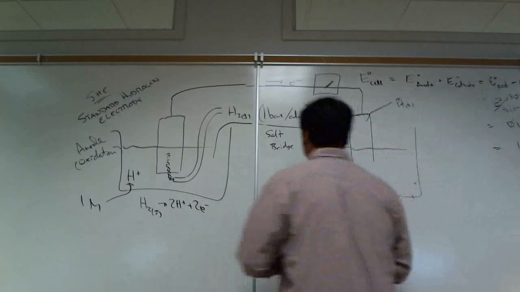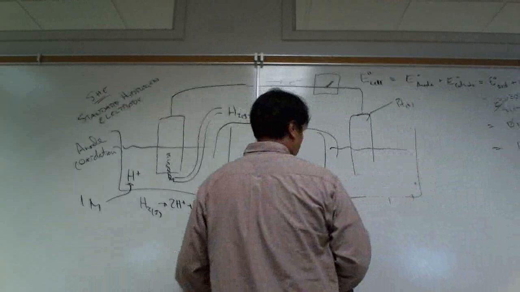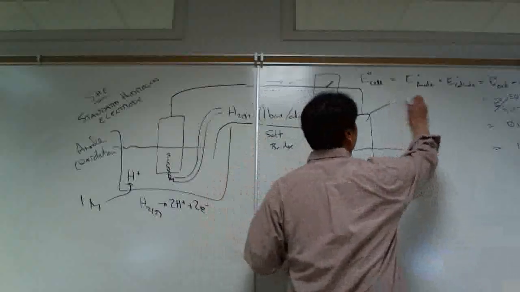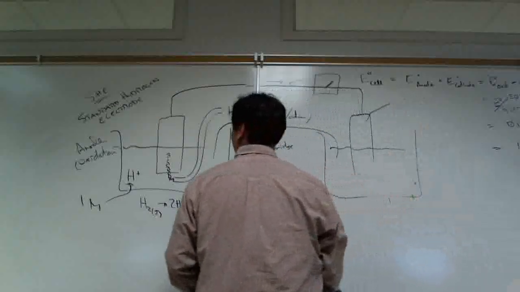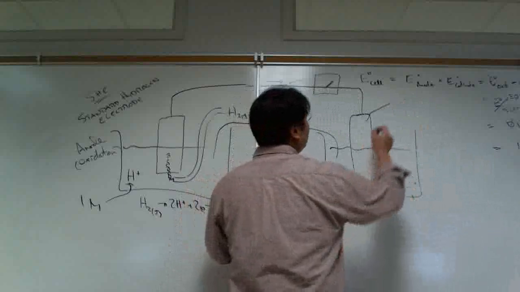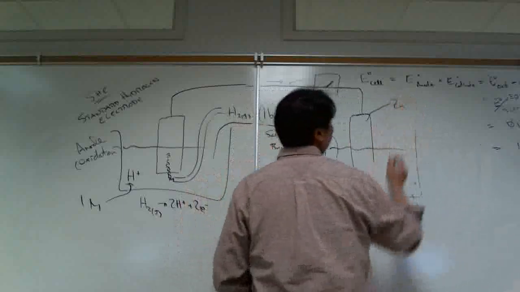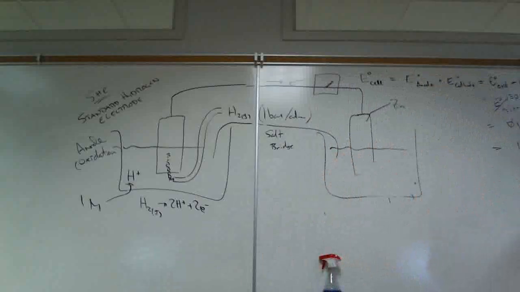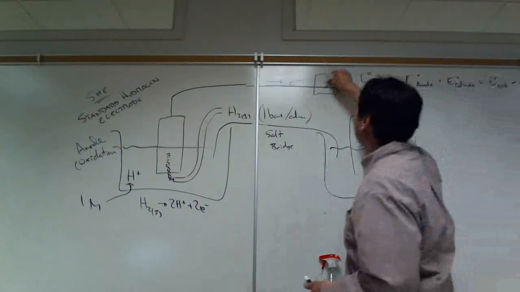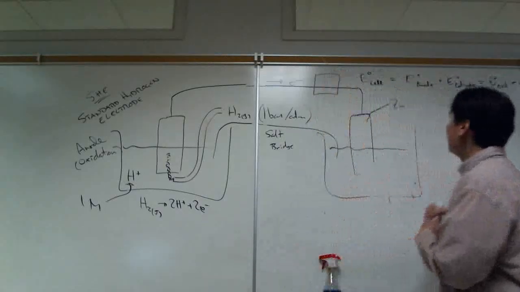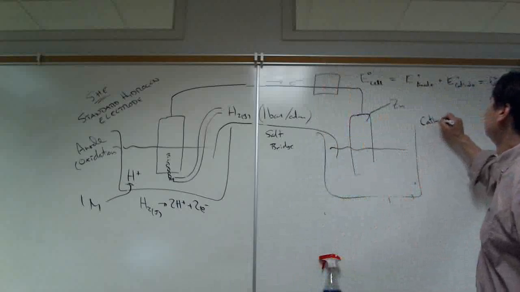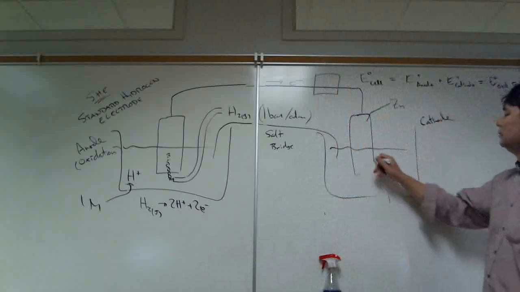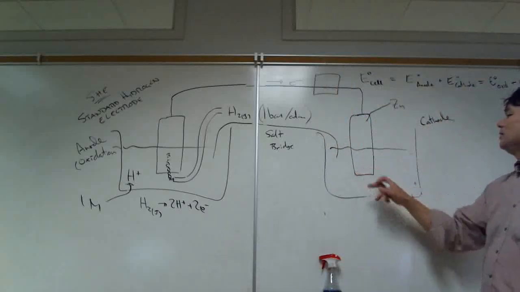All right. The next one we're going to put in here is zinc. Try that. When we put zinc over here at the cathode, we'll have zinc here, and what should be the oxidizer?